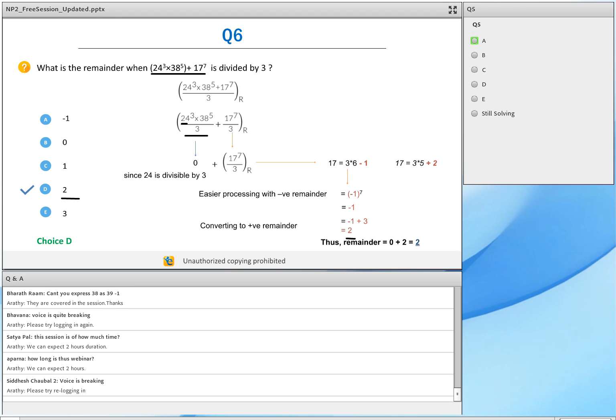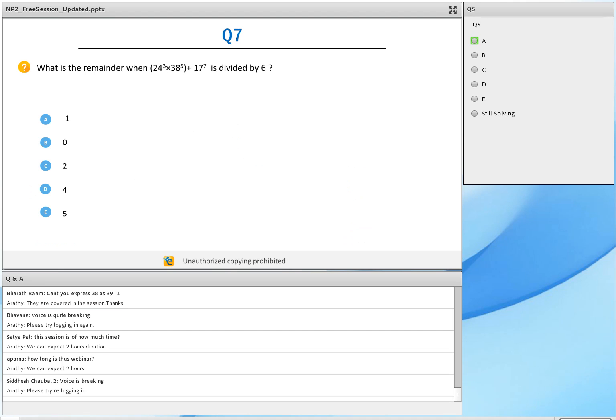Here is the next question. Again, negative remainder is going to be critical.